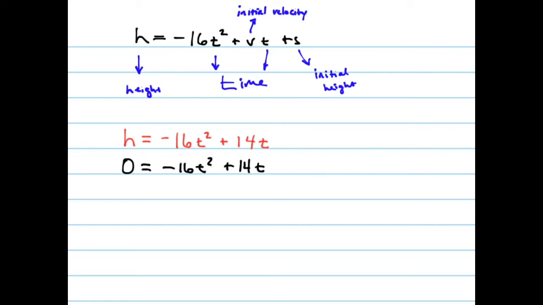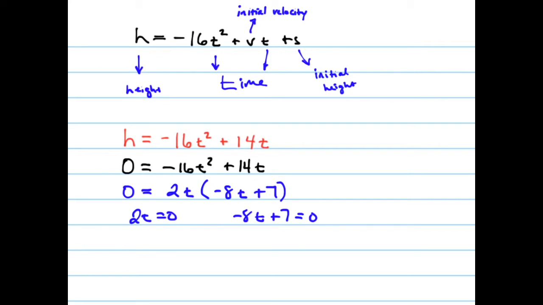What do the two have in common? 2 and t. When we factor out 2t, we're left with negative 8t plus 7. So I have solutions when 2t equals 0 and negative 8t plus 7 equals 0.